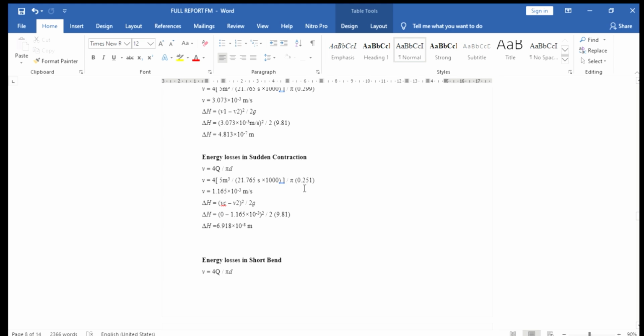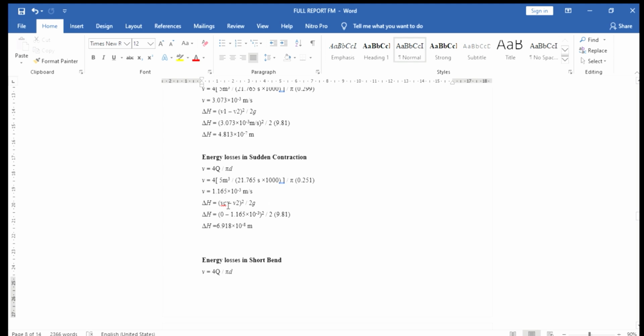The diameter for the fittings in contraction is 0.251 for test 1, and we get the velocity equal to 1.165 times 10 to the negative 3.